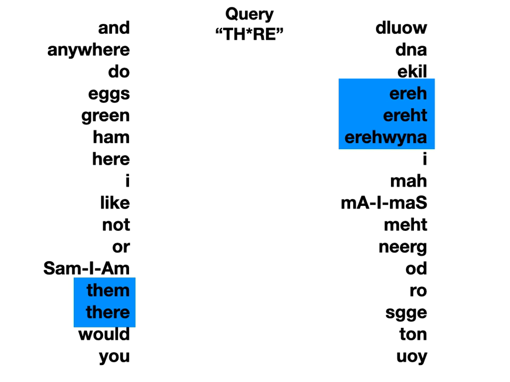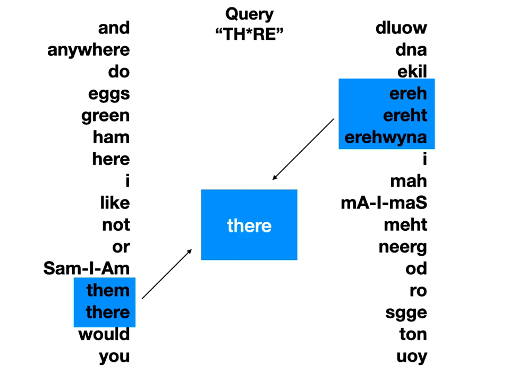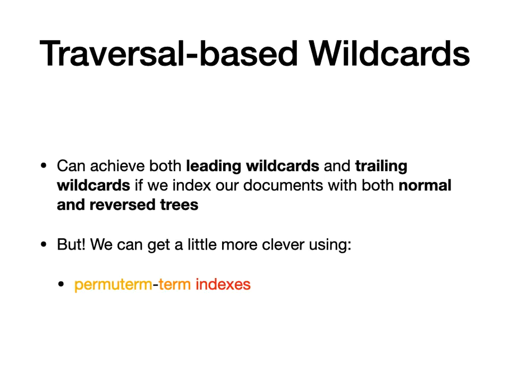So here, there, and anywhere. Now we intersect them. Ta-da! There both begins with TH and ends with RE. Cool. That gets us through the basics of traversal-based wildcards.